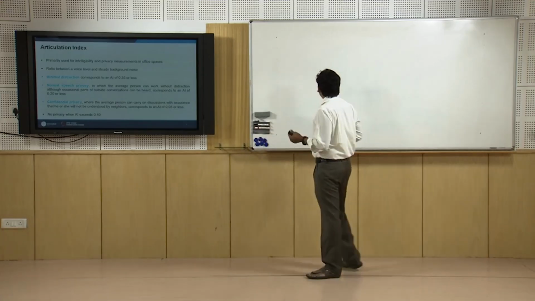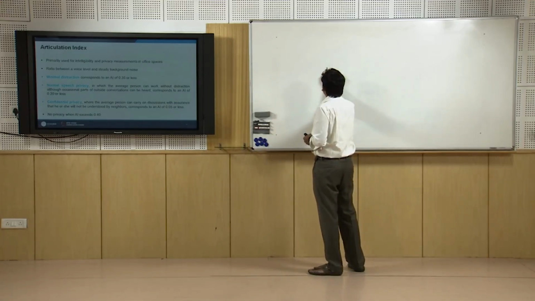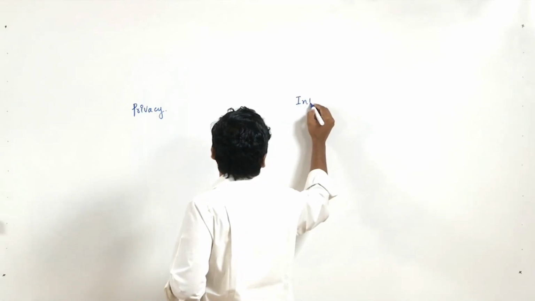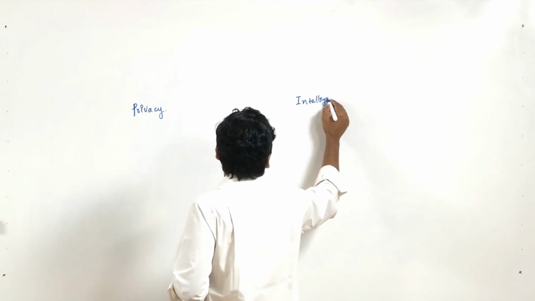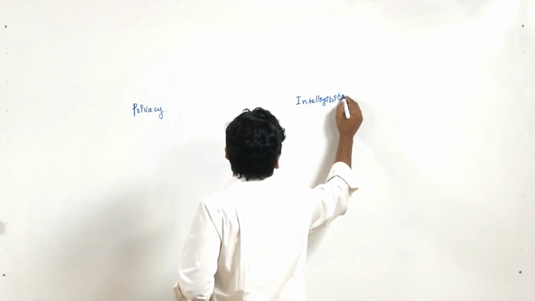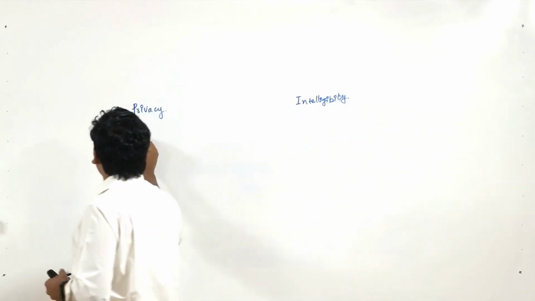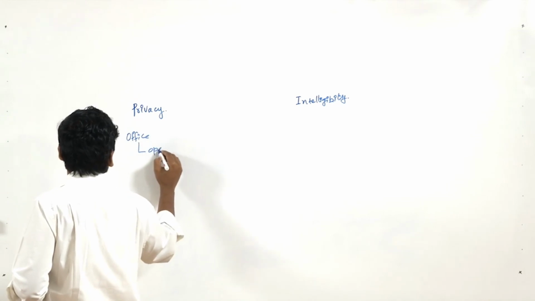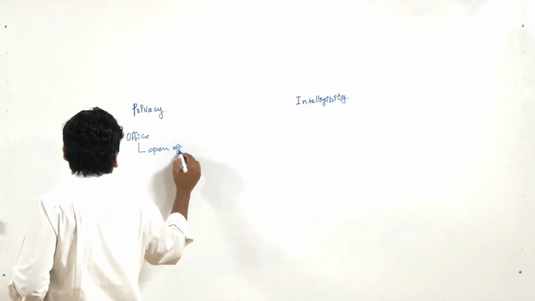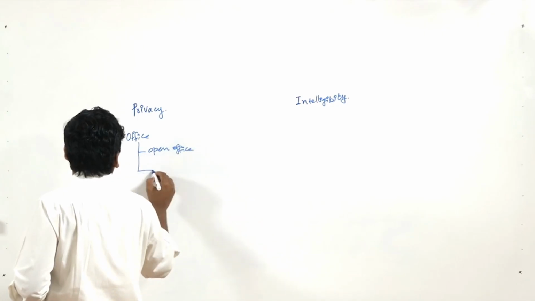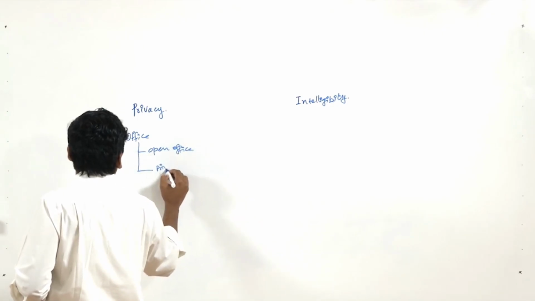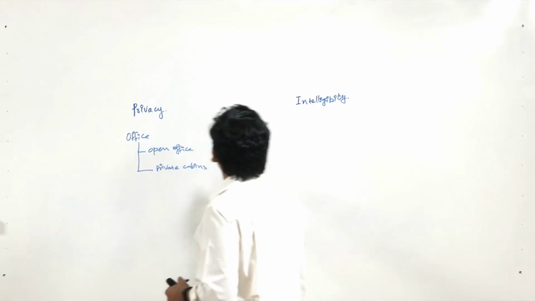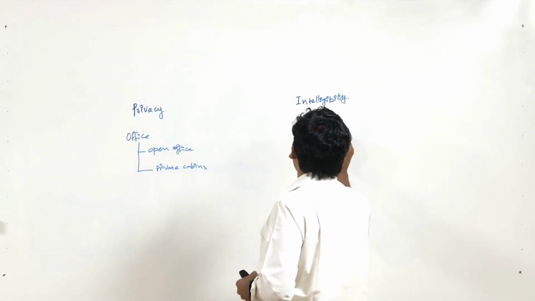There are two things you have to understand, one is sound privacy and the second is intelligibility. Say, for example, you have open plan offices, or private offices, private cabins, versus a lecture hall.